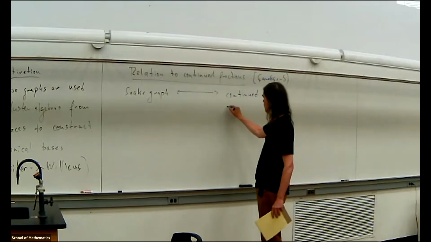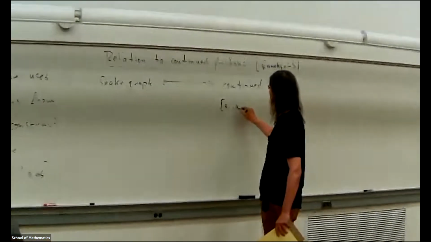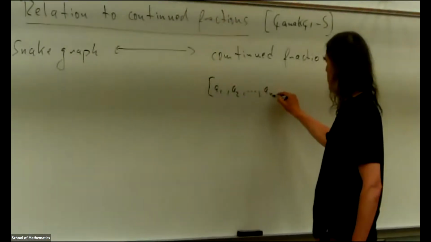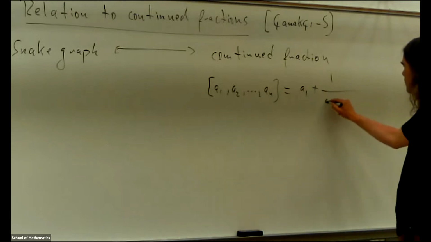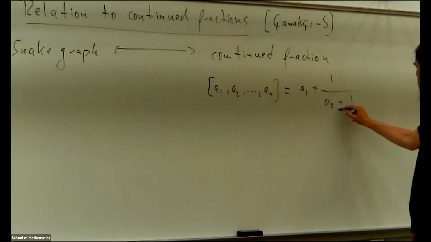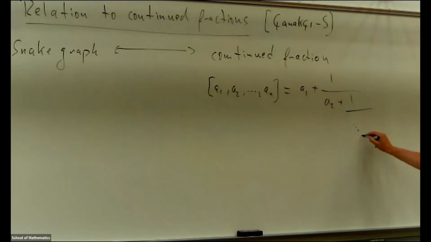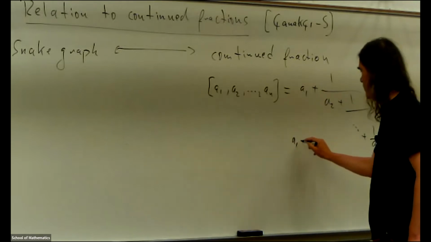So take a continued fraction, a1, a2, up to an. So this is a1 plus 1 over a2, and so on. And we want the ai to be positive.